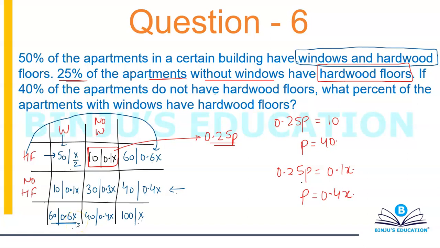Now let's read the question. The question says, what percent of apartments with windows have hardwood floors? Now please read this question carefully. Do not write your answer as 50 by 100 into 100%. That's incorrect. See what the statement is basically saying.